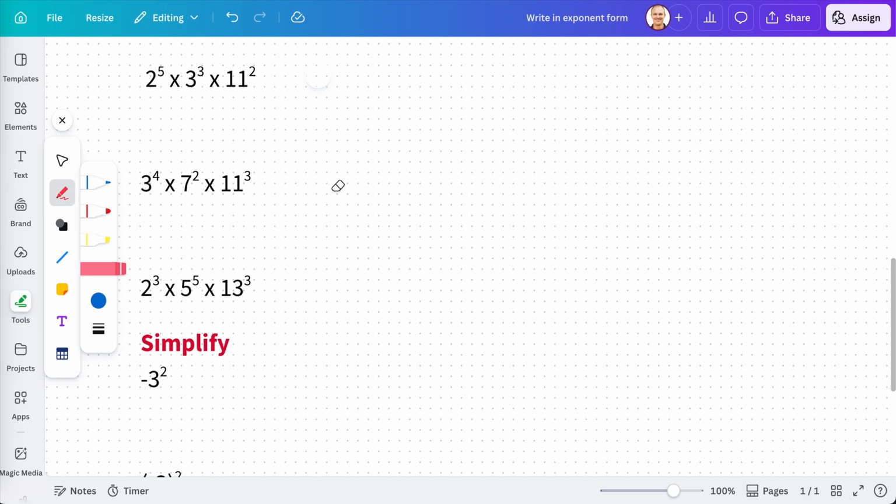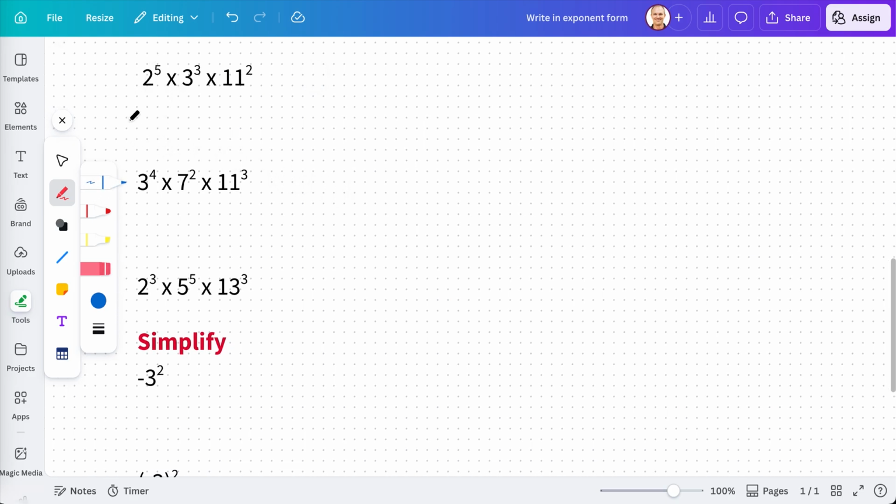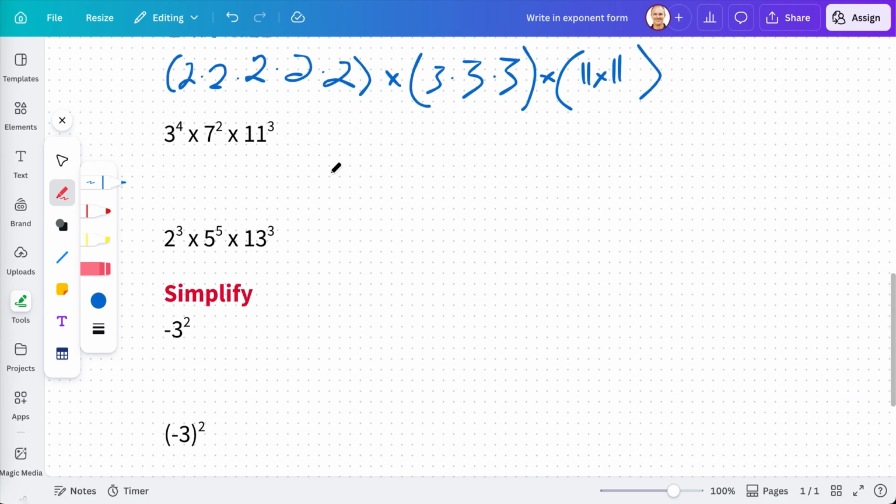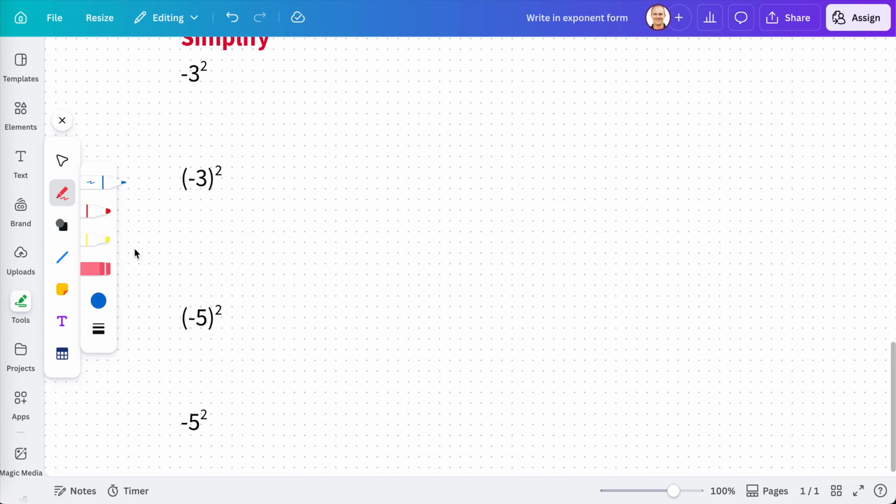Okay, so now we have 2 to the fifth power. If you're going to do this by hand, this is what it will look like. 2, 2, 2, 2 to the fifth power times 3 to the third, and then times 11 squared. And then you would do all that. I'm not going to go through that here, but that's what you do.